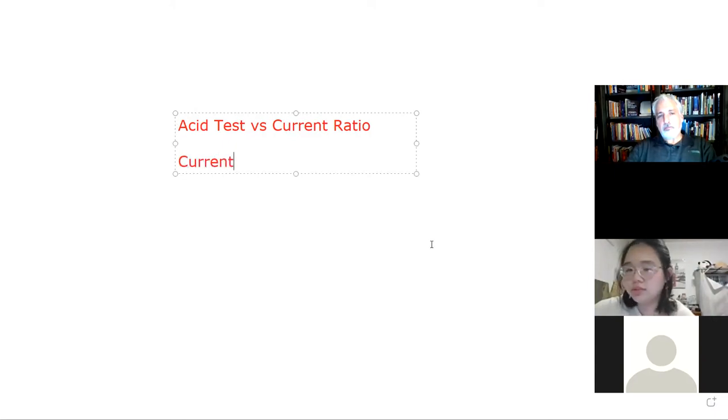Is it current liabilities over current assets? It has current assets and current liabilities. So which is the numerator? That's the question. Adam or Robert, any idea? Not a clue. Assets over liabilities. Assets first. Yep. Current assets over current liabilities.